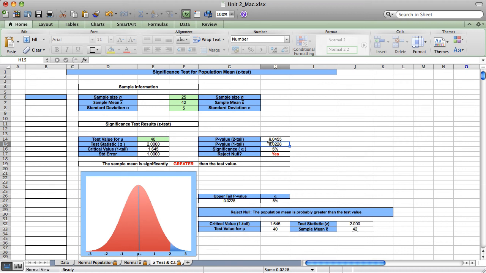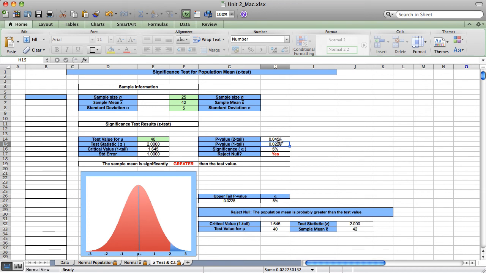And that means that if in fact the population mean age of an employee was still 40, in other words, if the null hypothesis is true, we just got a sample mean that only occurs about 2.28% of the time at random, which is not very frequently.